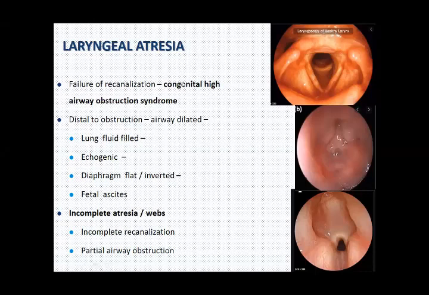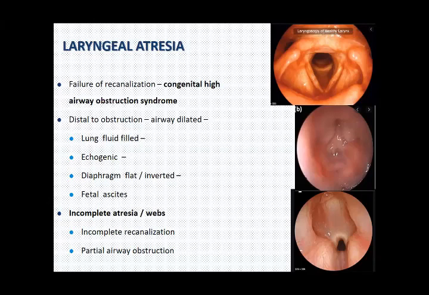At times what happens is कि ये recanalization process नहीं होता, and then you have what is called high congenital airway obstruction syndrome. So this is failure of recanalization is part of this syndrome, high congenital high airway obstruction syndrome.